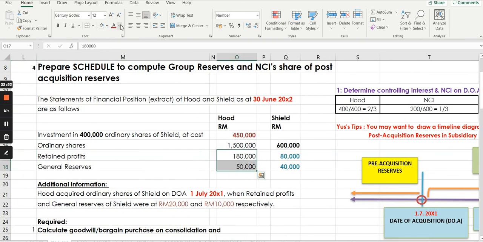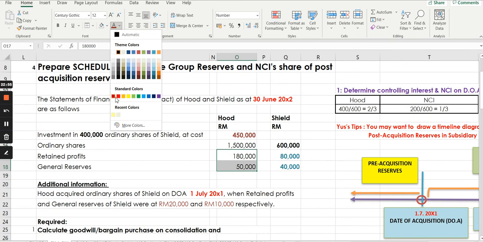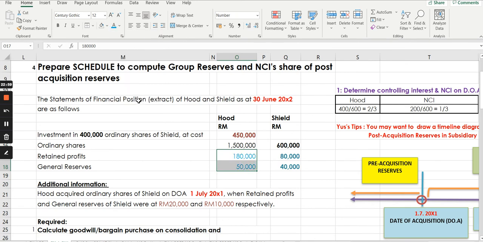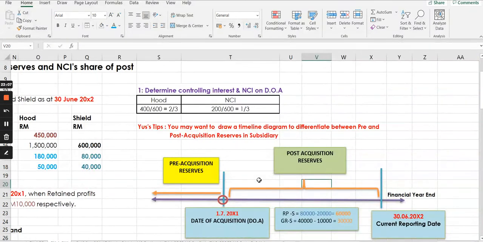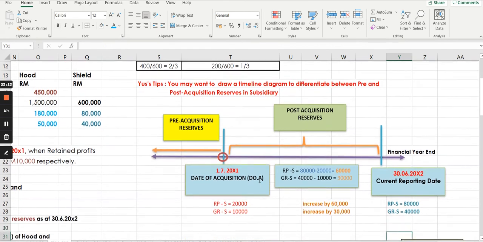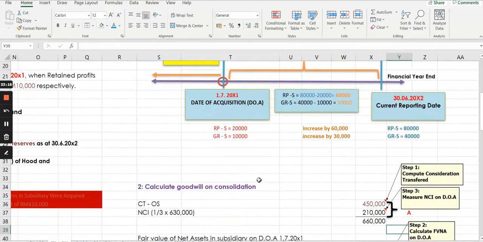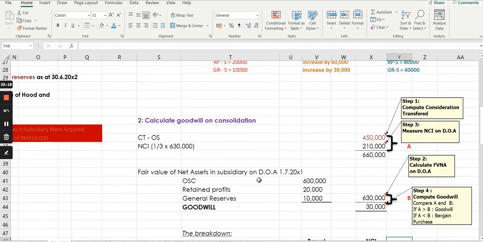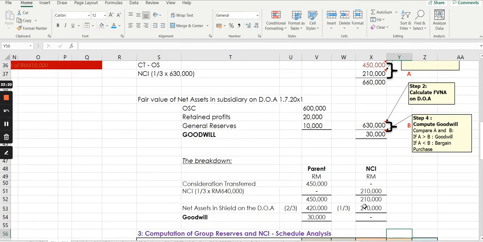I will take this figure, this blue one, and put that in the correct column. The retained profit goes in the retained profit column of the parent, and the general reserve goes in the general reserve column of the group or the parent, because the parent is the one that will prepare the result of the group.